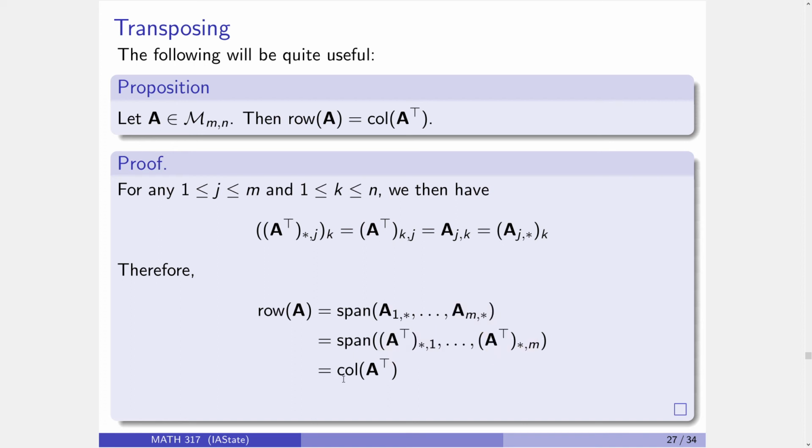And as we proved, the column space is the span of the columns. So this other fundamental subspace is really just the usual fundamental subspaces of a matrix, the column space and the null space, now applied to the transpose. The column space of the transpose is the row space of the original matrix.